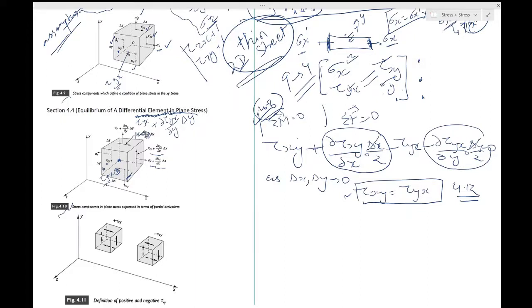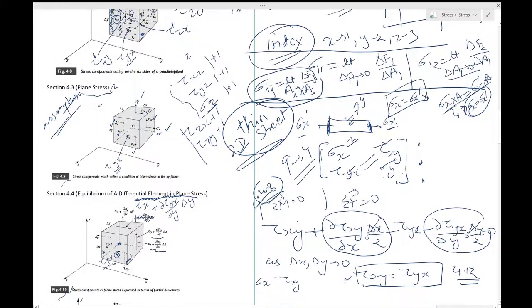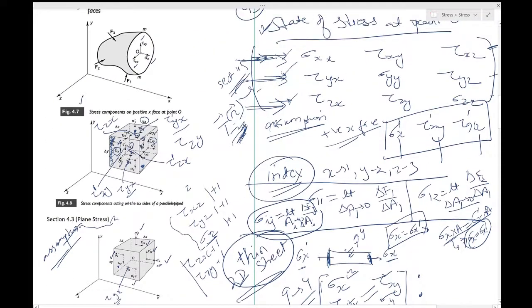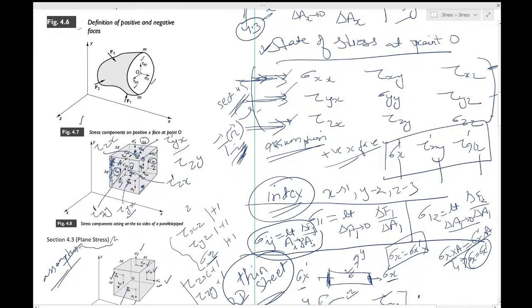The moment around the center has to be equal to 0. So in a 3-dimensional case, the proof which we are not doing right now, because at this level the plane stress proof is okay, but the point is that when you have this sigma x, tau xy, where did we write that? Let's see, over here. Let's go back to over here and let me use another pen.